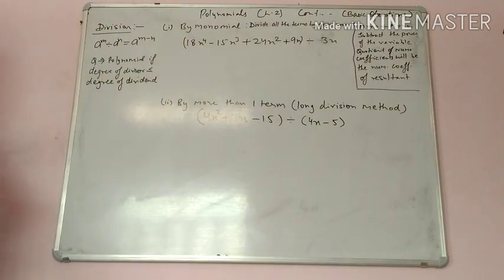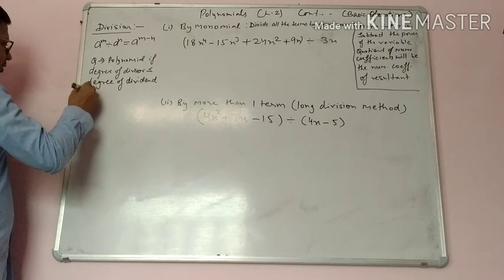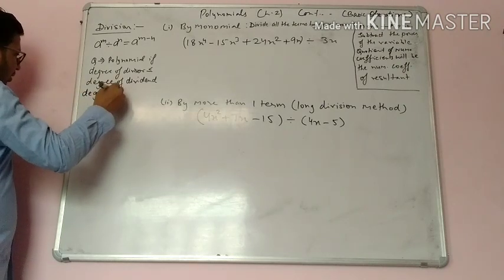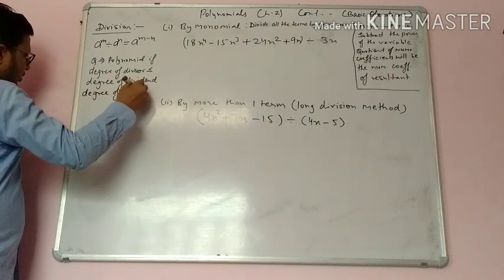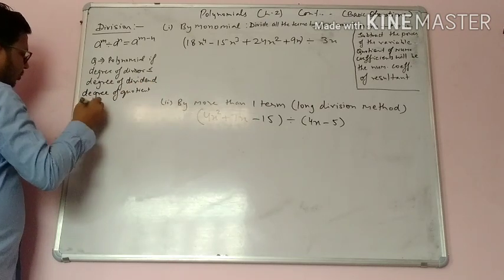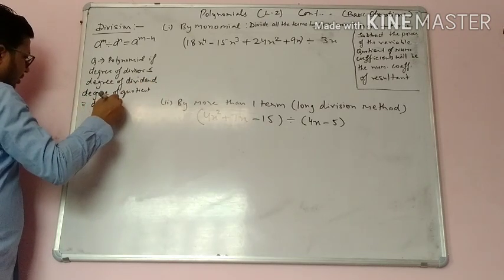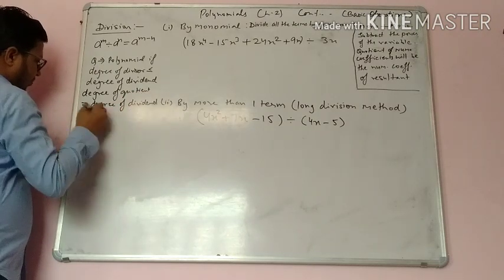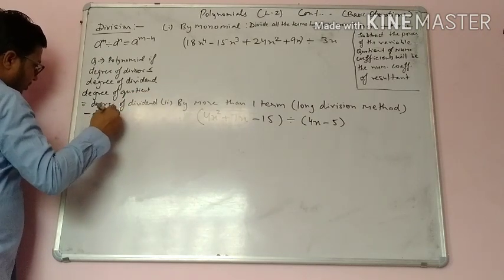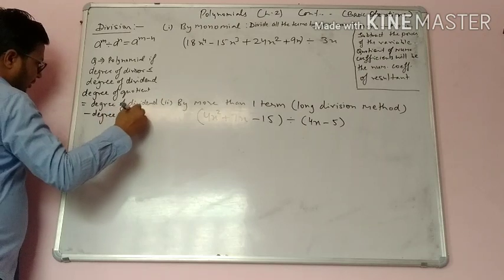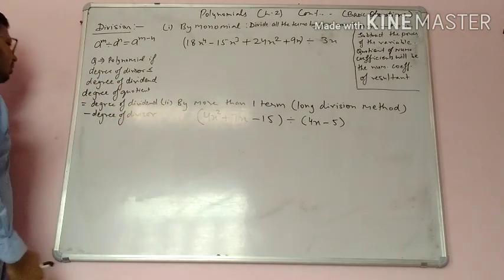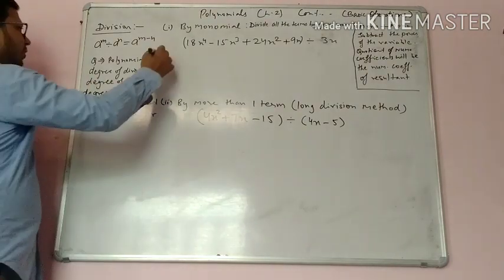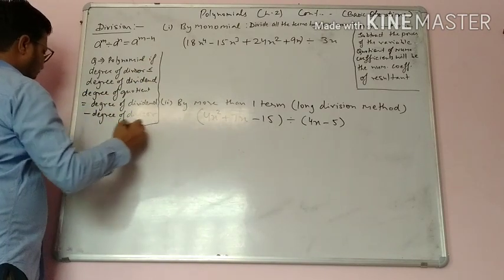And remember that the degree of the quotient is equal to the degree of the dividend minus the degree of the divisor. Clear about that?